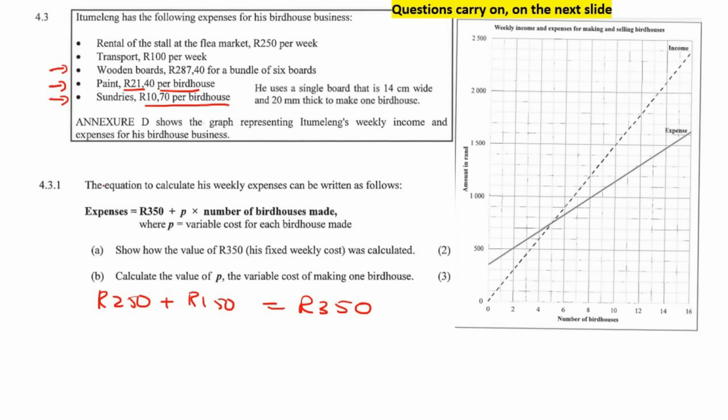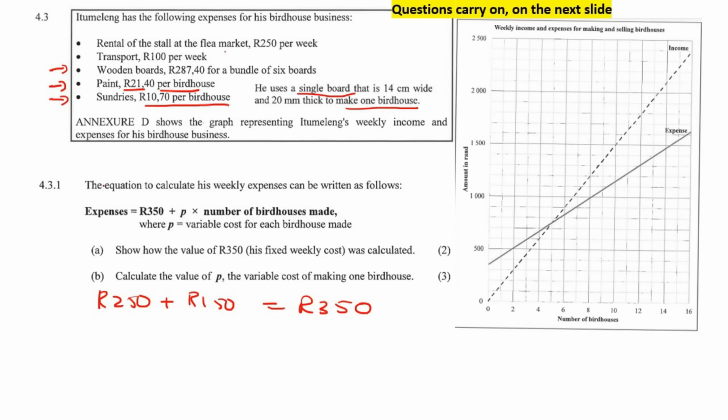The wood is 287 Rand 40 cents for a bundle of 6 boards, but he only uses a single board per birdhouse.